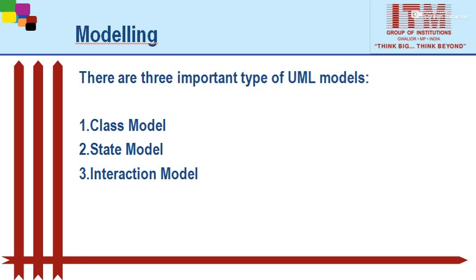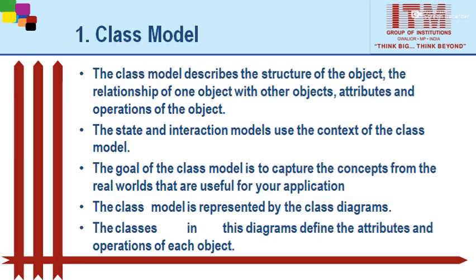Now let us understand what is modeling. So basically there are three types of models present. Number one, class model, number two, state model, and number three, interaction model. So let us understand all these models one by one. So what is class model?